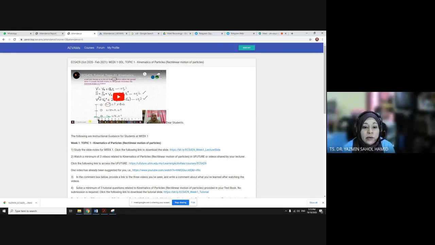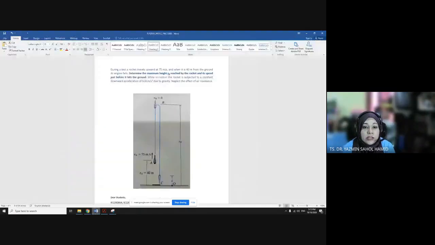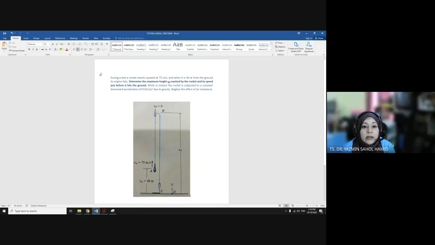After that, I am going to share this question in your Telegram for you to do. This question is also related with constant acceleration because the rocket is experiencing a free fall motion, and the question mentions a downward acceleration of 9.81 meters per second square due to gravity.